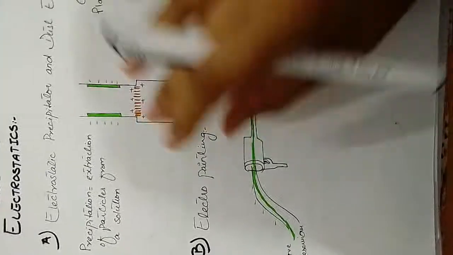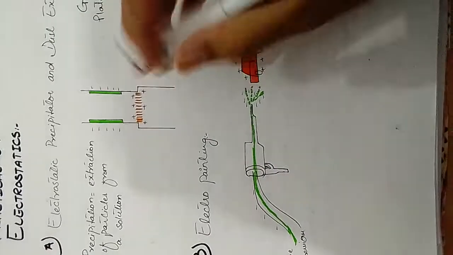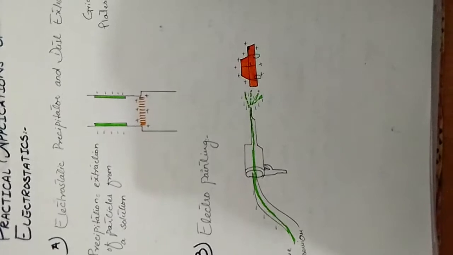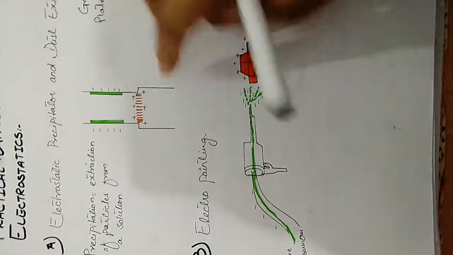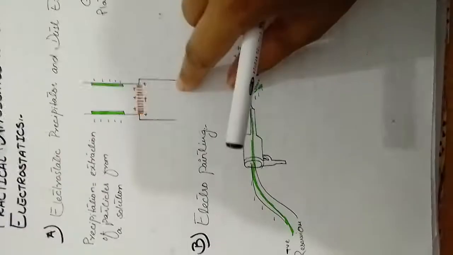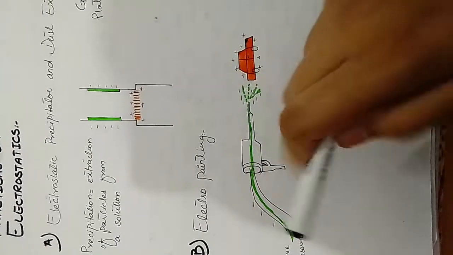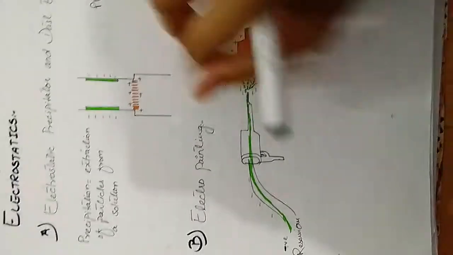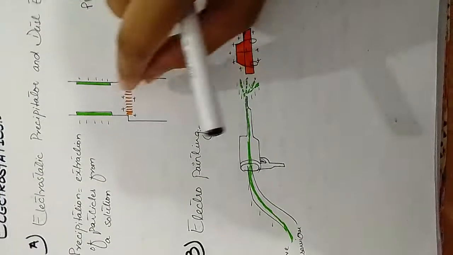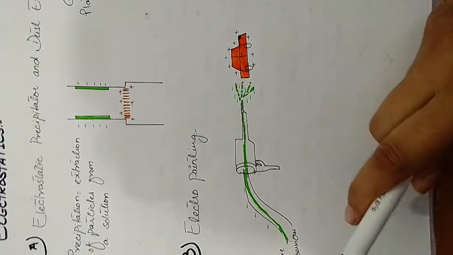Suppose an industrial chimney, used in a coal power plant or in an industry that makes bricks. The industrial chimney uses an electrostatic precipitator to extract the dust particles, so that the air or smoke released from the chimney is not polluted with dust particles.